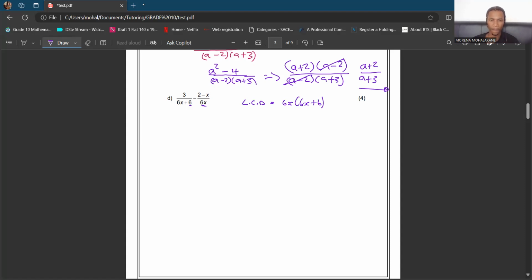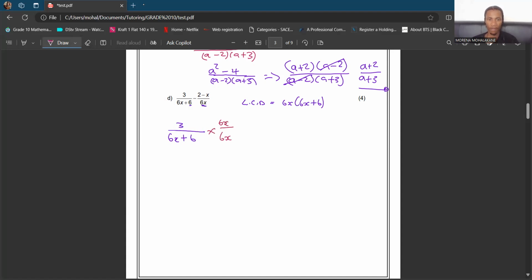So in number 3, in the first term, I have 3 over 6x plus 6. I need to multiply this for it to be similar to the LCD. I need to multiply it by 6x.